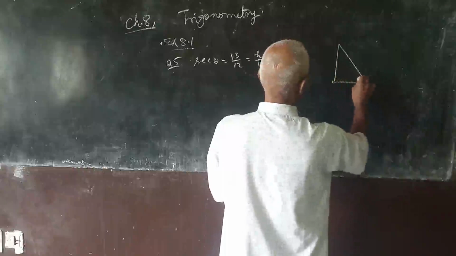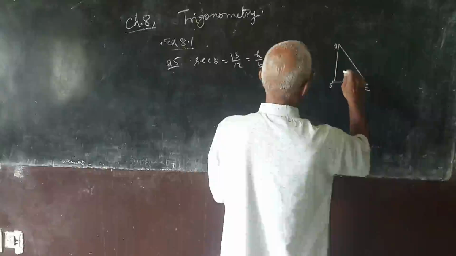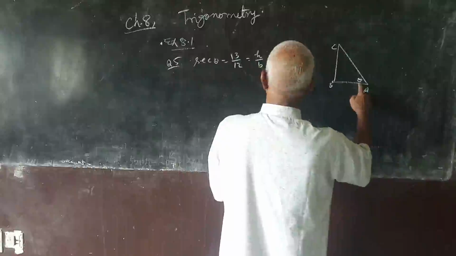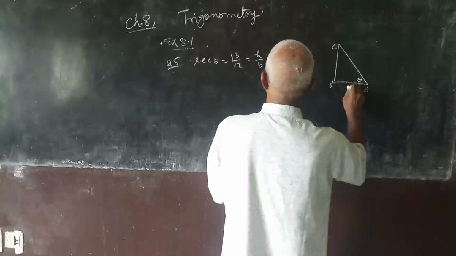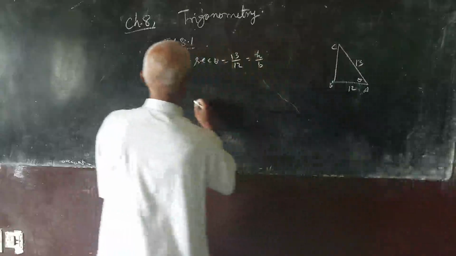Suppose this angle is theta, it is ABC. Sec theta will be hypotenuse upon base, this is given 13 by 12.